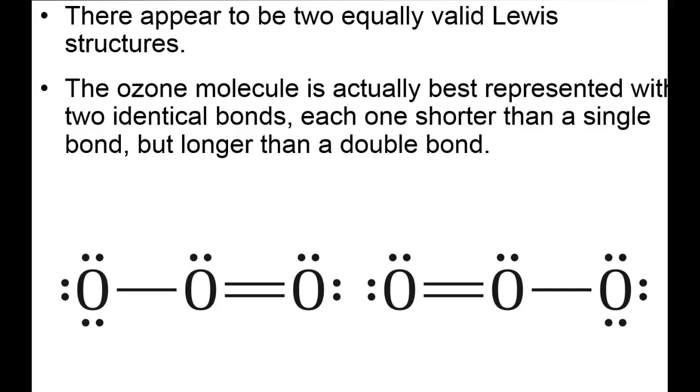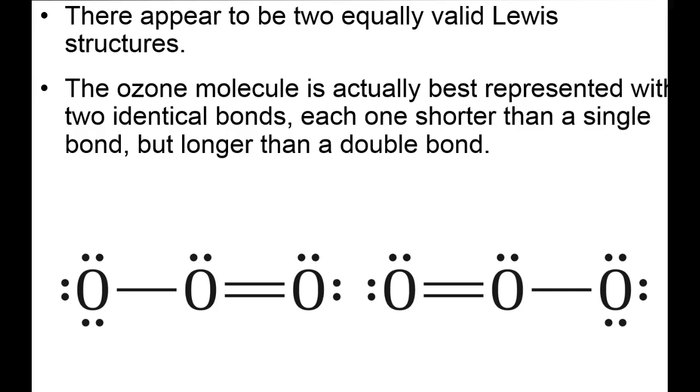This is getting more into what I'm probably going to really confuse you with. Basically with ozone, we have to have a double bond when we put the other oxygen in. But basically it shares the bond, so each one is shorter than a single bond but longer than a double bond, so it comes together differently.